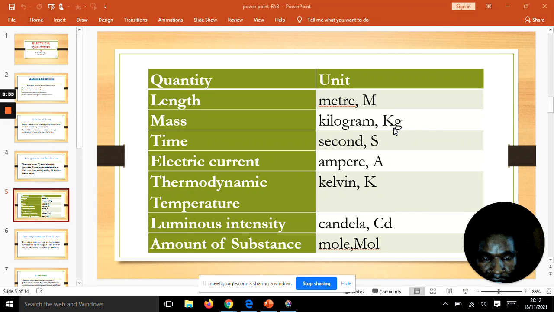And our last basic quantity is the amount of substance, measured in mole, abbreviated as mol.